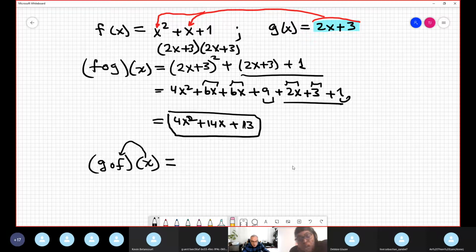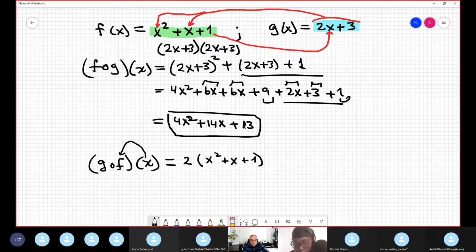This is a completely different idea. You plug in this function into the x of g. You replace it. So now it's easier, in my opinion: 2 times parenthesis x squared plus x plus 1, plus 3. Do you understand the thing I am doing?